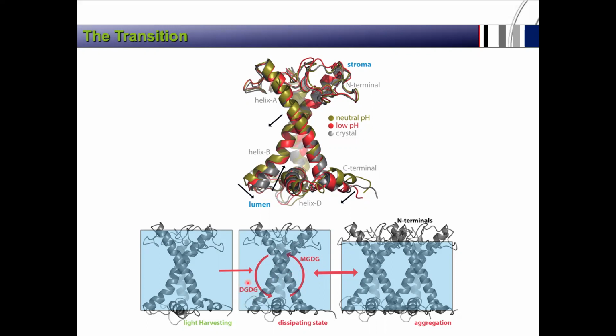These digalactosyl diacylglycerol lipids are accumulating at the luminal space, where this lipid is expelled and moving to the stromal space. And this movement leads to the aggregation of the antenna in the presence of PSBS.